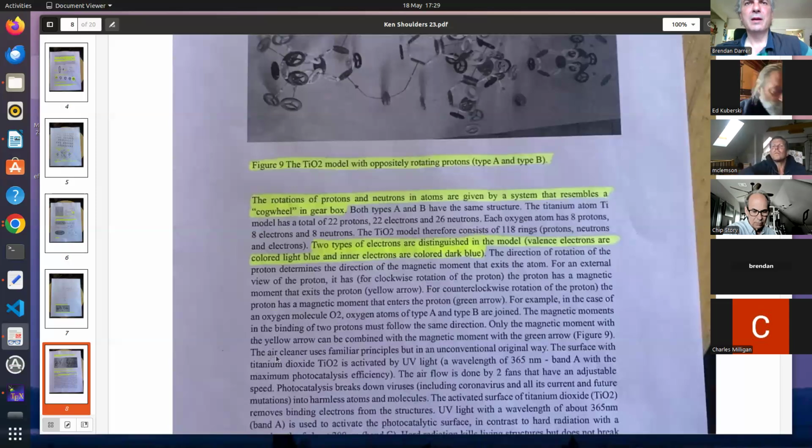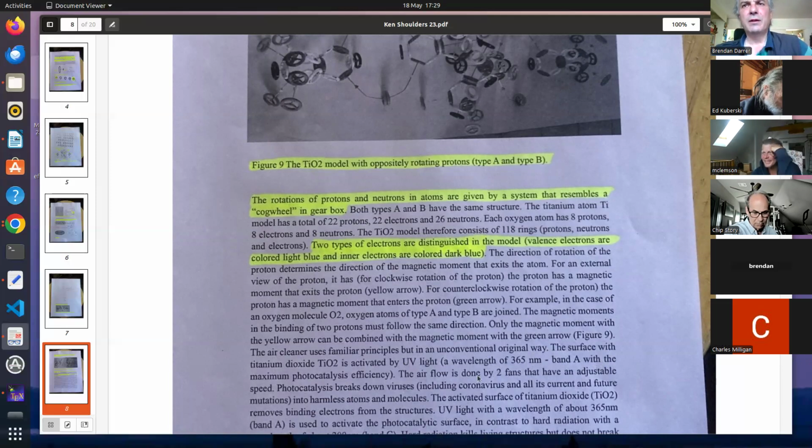The air cleaner uses familiar principles, but in an unconventional, original way. The surface with titanium dioxide is activated by ultraviolet light, a wavelength of 365 nanometers, band A, with the maximum photocatalysis efficiency.